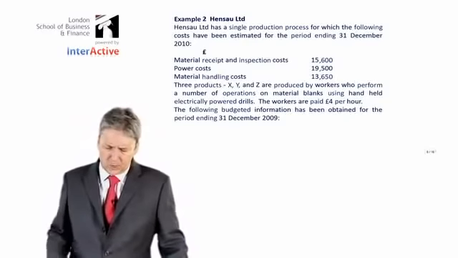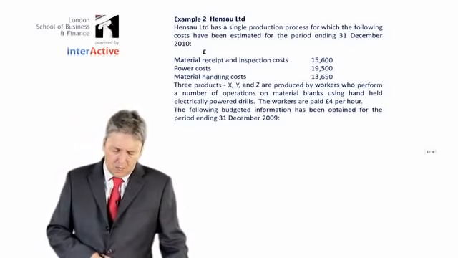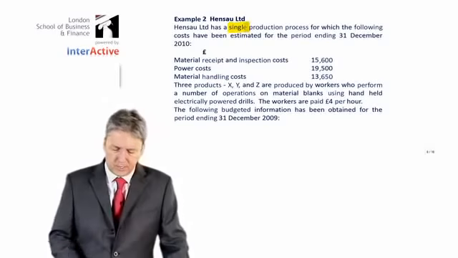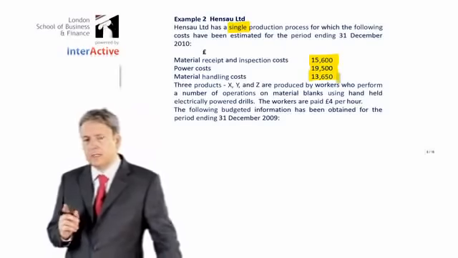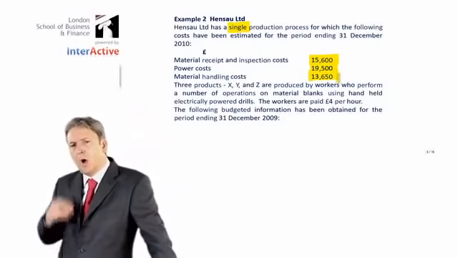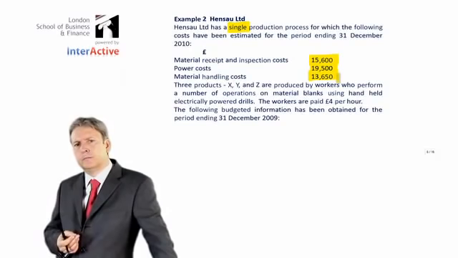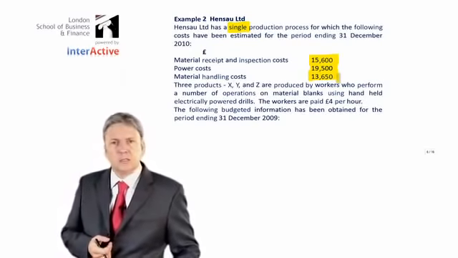Hensel has a single production process for which the following costs have been estimated for the period. So please note here, we've got a single process and we've got 3 costs. Okay, they all relate to the same process. Why do you think we've separated out those costs? Well, the reason why they're separated out is this.